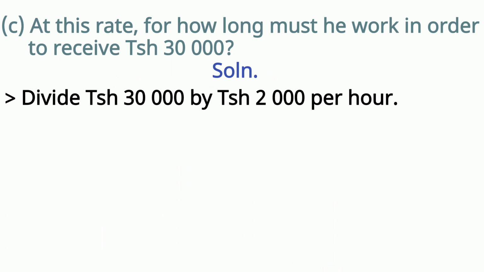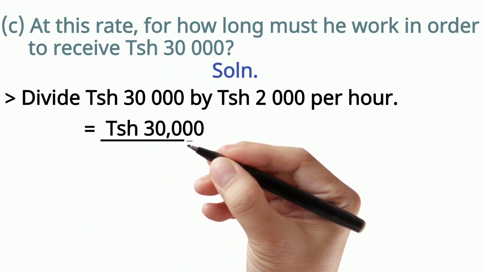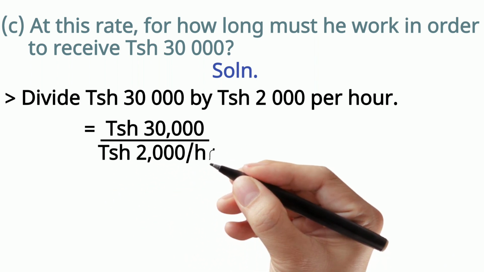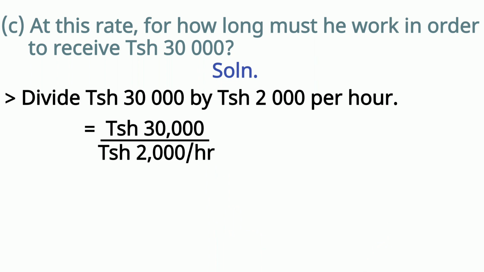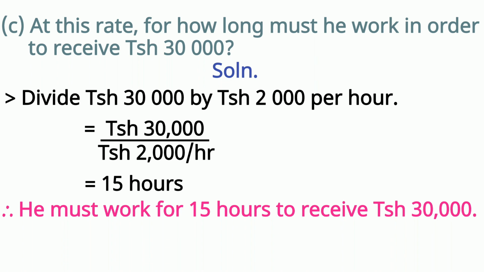So if we take 30,000 T shillings divided by 2,000 T shillings per hour, we end up getting 15 hours. Therefore, he must work for 15 hours so as to receive 30,000 T shillings.